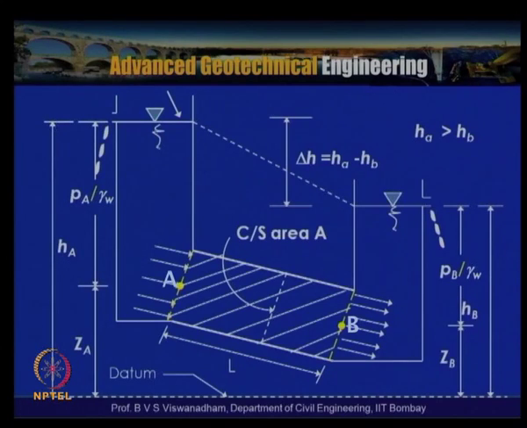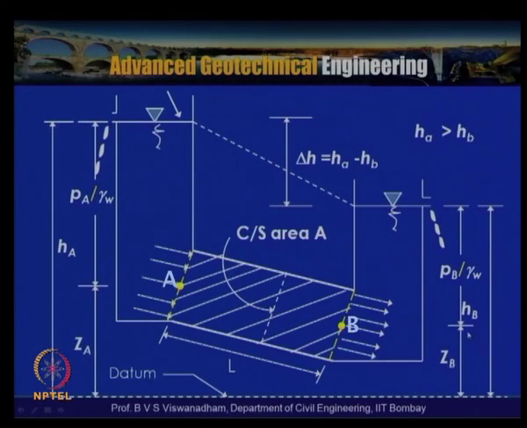In this figure, a typical cross section is shown, where we have a datum and a point A and a point B. We are interested in flow of water from A to B. Point A has an elevation head of ZA and a pressure head of PA by gamma_w.